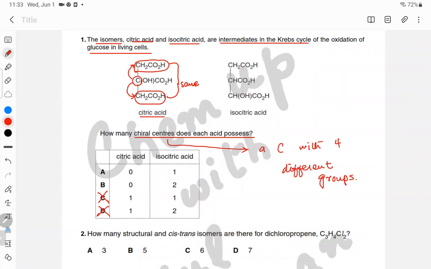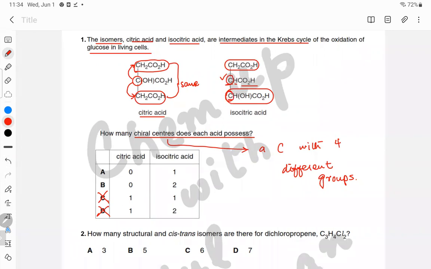Now, look at over here. We have a CH2CO2H on one side and CHOH, CO2H on the other side of this carbon. And then I have a hydrogen as one group and CO2H as another group. So this carbon is a chiral one. I'm marking a tick over here. And if you look at this carbon, it is also a chiral carbon. Why?